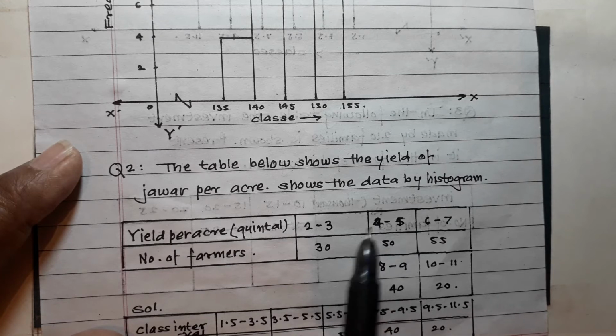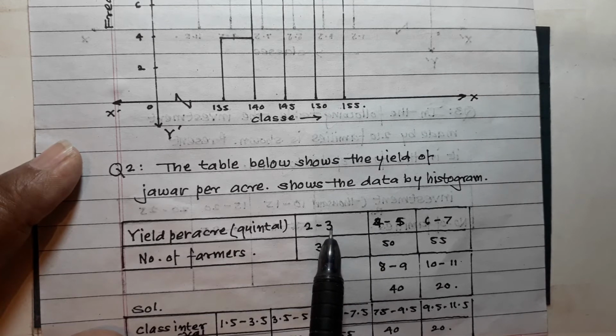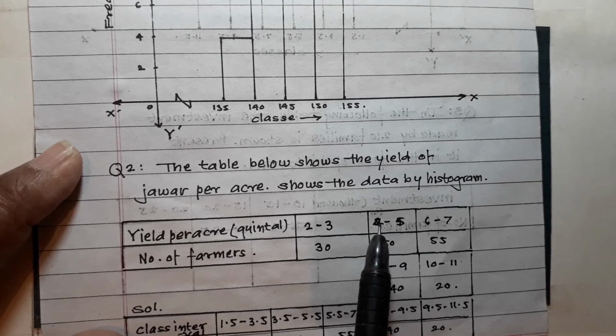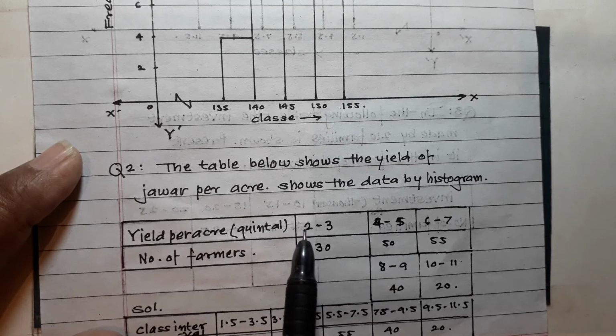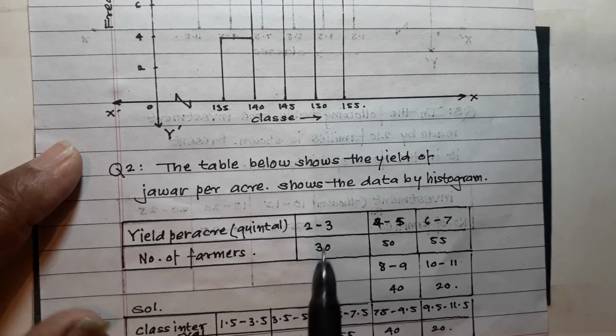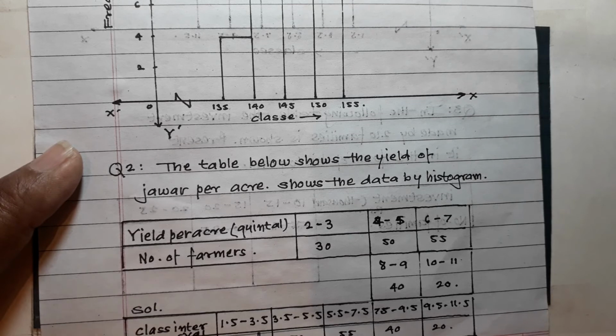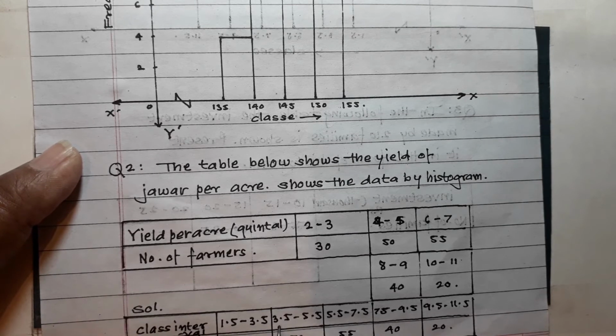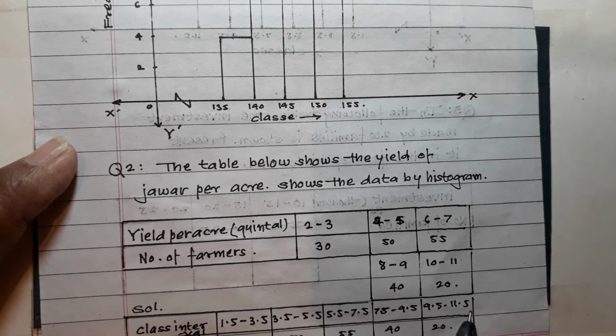So 3.5 is the upper limit of this class and the lower limit of this class. And by observation you write down the other limits. So that is 1.5 to 3.5, 3.5 to 5.5, 5.5 to 7.5, 7.5 to 9.5, 9.5 to 11.5. So these are your extended classes.